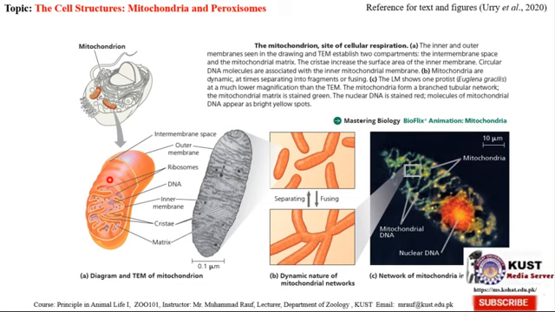The inner membrane has 4 complexes, and these complexes house the various electron carriers. So these enfoldings increase the surface area so that aerobic cellular respiration occurs at various locations.